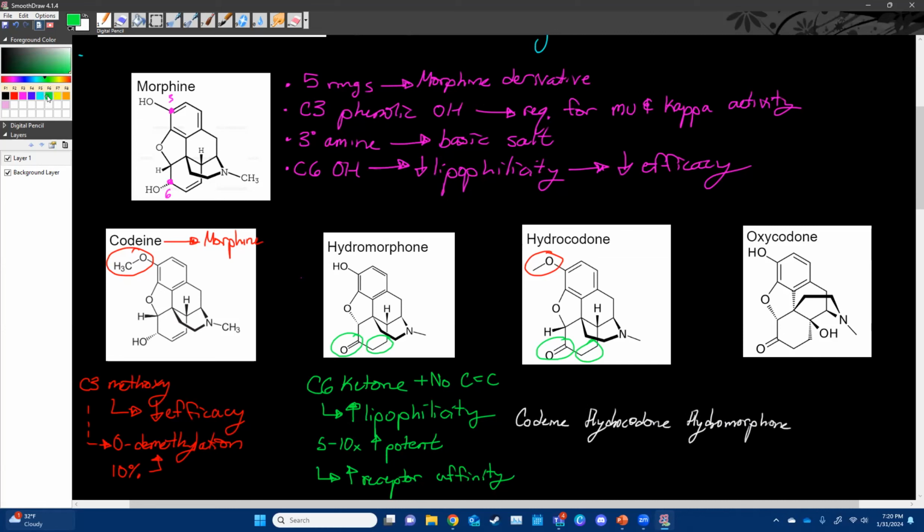Compared to codeine, hydrocodone is much more potent, more efficacious. Why?